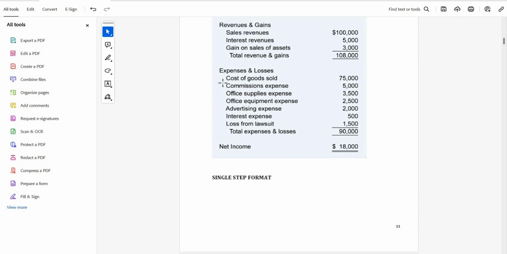Commission expense can be part of both trading account and PL account, but it's mainly of trading account. Office supply expense, and other than factory expenses, all are categorized under profit and loss. So office supply expense is a PL, profit and loss expense account.